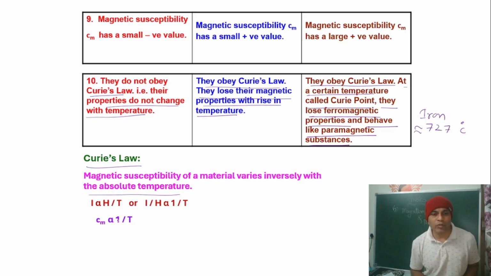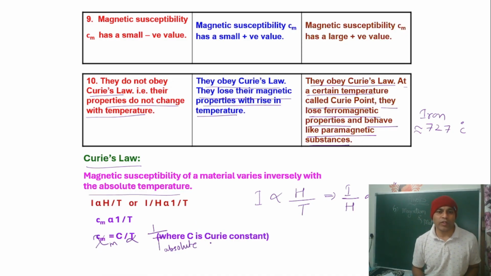Cm is directly proportional to 1 by T. The intensity of magnetization is directly proportional to magnetic intensity divided by temperature, and that's why the susceptibility is directly proportional to the inverse of absolute temperature.